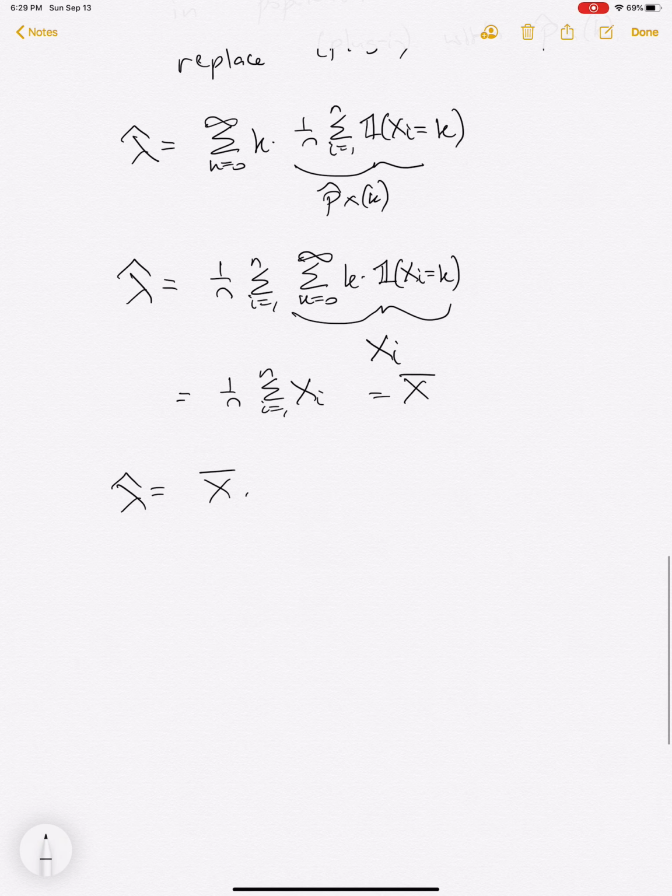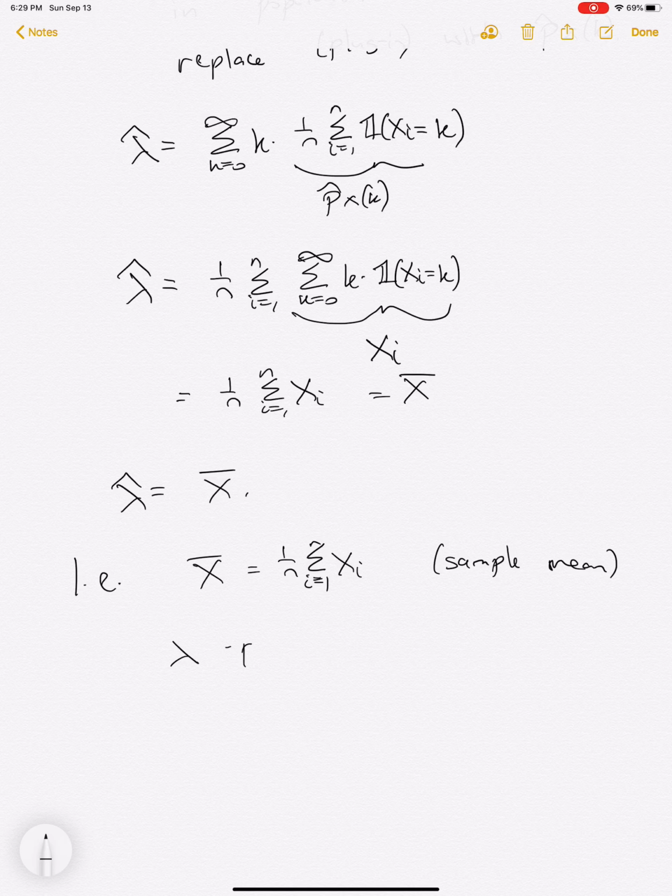So x bar is the sample mean, and lambda is the population mean.